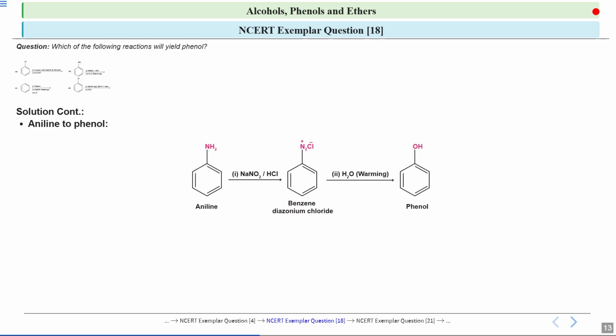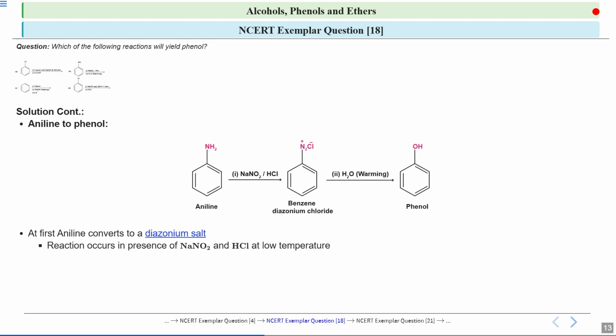And when you treat it with warm H2O, you get phenol. So at first aniline converts to a diazonium salt. Diazonium salts are versatile compounds used in organic synthesis reactions. This reaction occurs in the presence of NaNO2 and HCl at low temperature. Low temperature helps stabilize the diazonium salt, which prevents its decomposition.